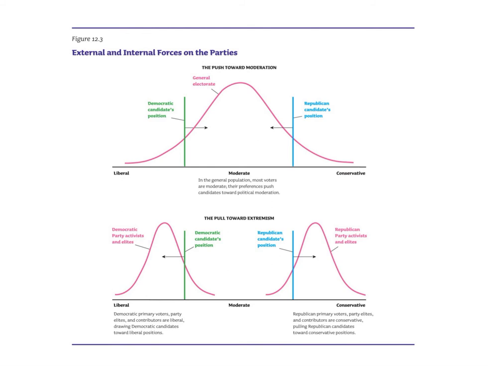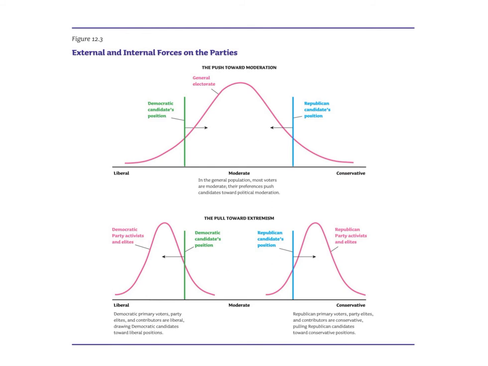The bottom is what we call the median voter theorem. Let me restate that. It represents the way in which we think about voter choice relative to political primaries, right? So you have the pull toward extremism in each case.